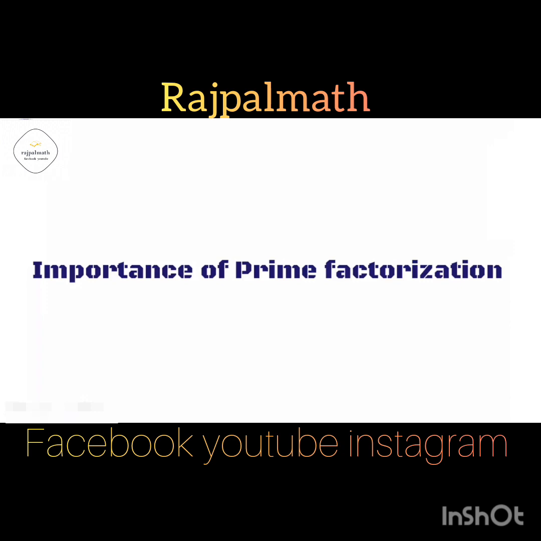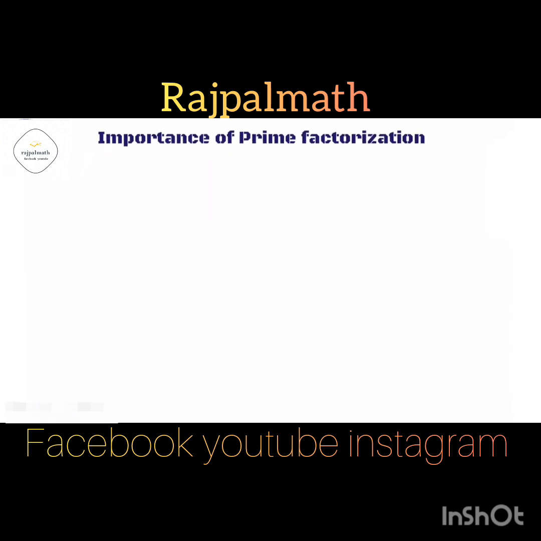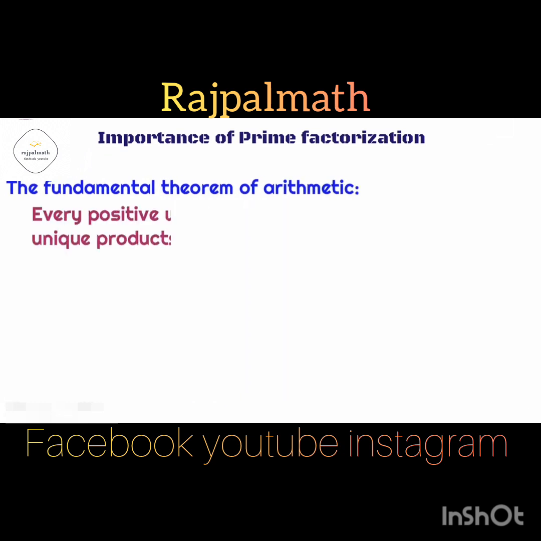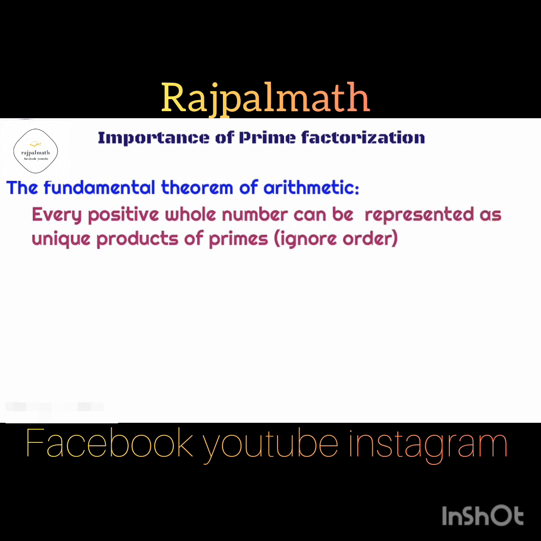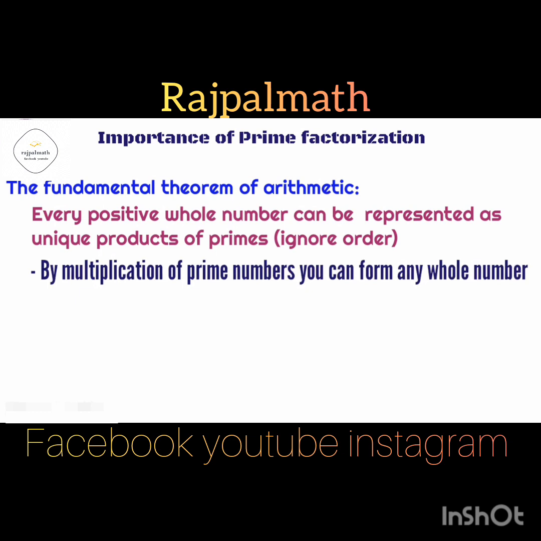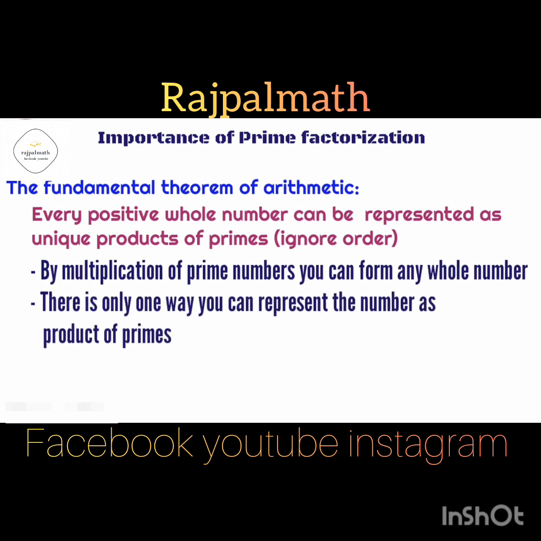Now let's understand the importance of prime factorization. The fundamental theorem of arithmetic is based on prime factorization, which says every positive number can be represented as a unique product of primes, ignoring the order, which means by multiplying prime numbers, you can form any whole number, and there is only one way you can represent the number as a product of primes.